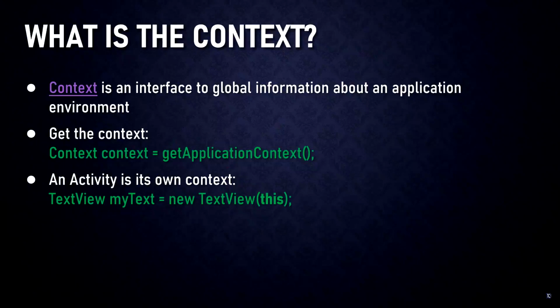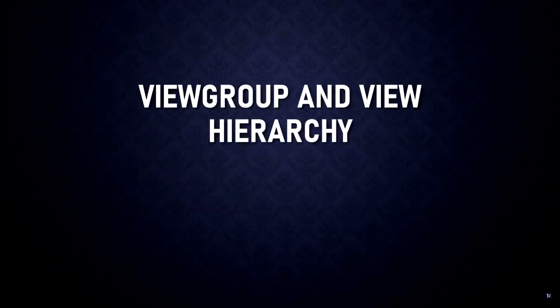One way is to create an object of the Context class and use getApplicationContext, which returns the application context so that you can pass this context. Another way, if you are using an activity, is to access it by using the this keyword. This will give you access to your application context. We'll also get into that in the practice part.